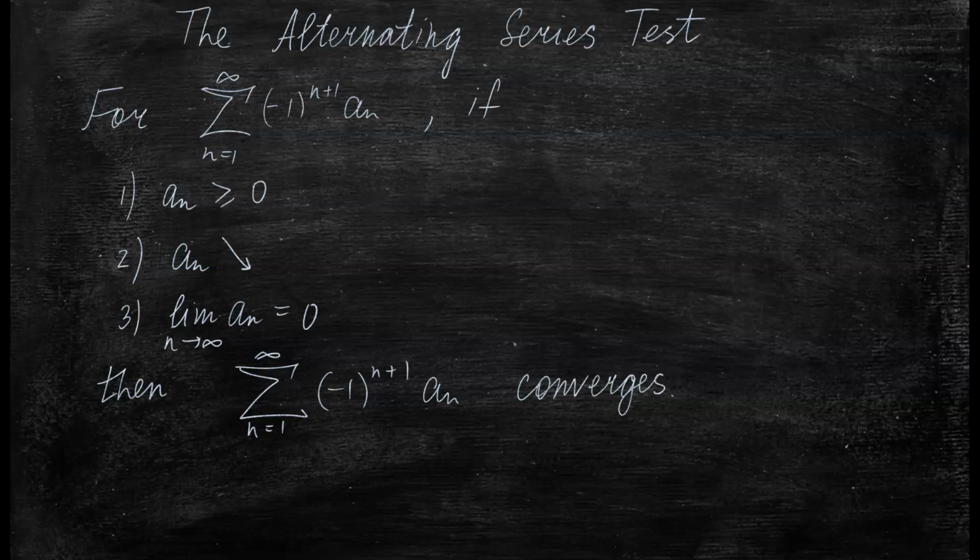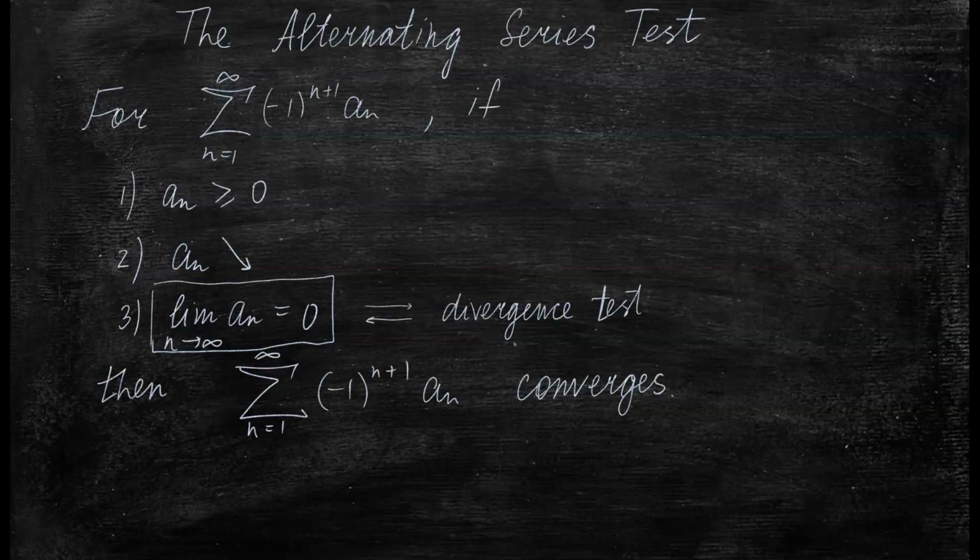And now, if you also take a closer look at these conditions, you may realize that checking whether the limit of the nth term is equal to 0 or not can be combined with the divergence test. Basically, if your limit is not equal to 0, then by the divergence test, that series won't converge.